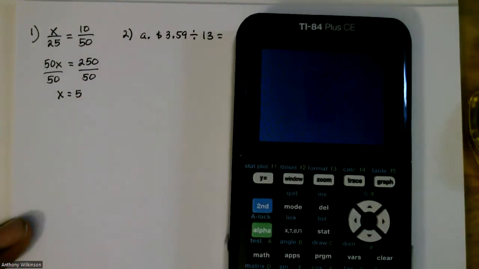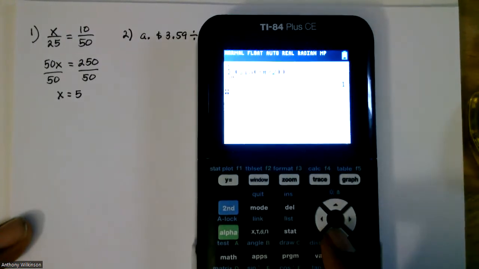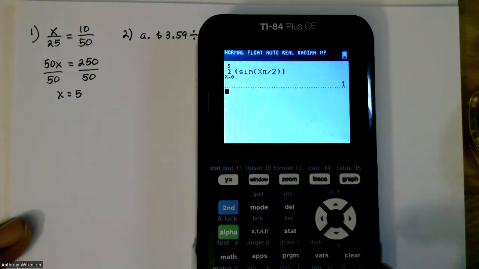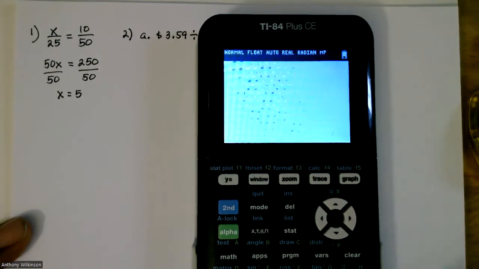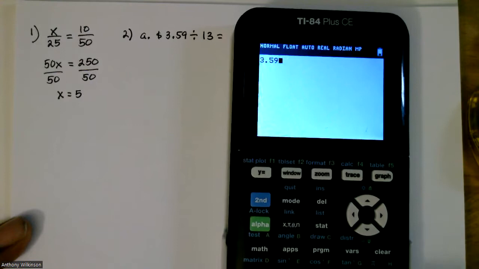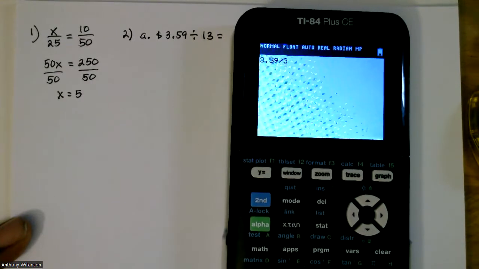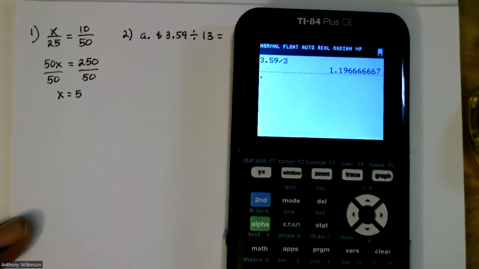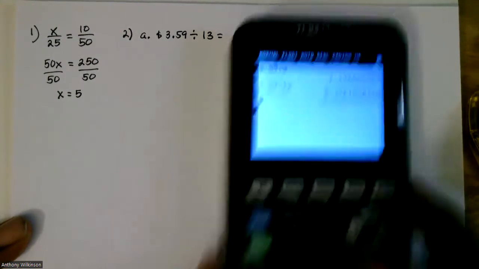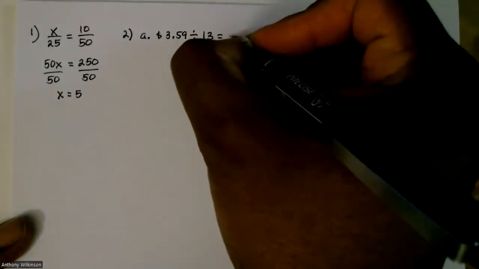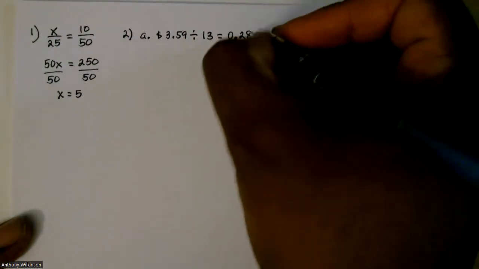So in this case here, we've got 3.59 divided by, I'm sorry, 3.59 divided by 13. And to 2 decimal places, this will be approximately 28 cents. All right, so this would be on average 28 cents per ounce for the first one.